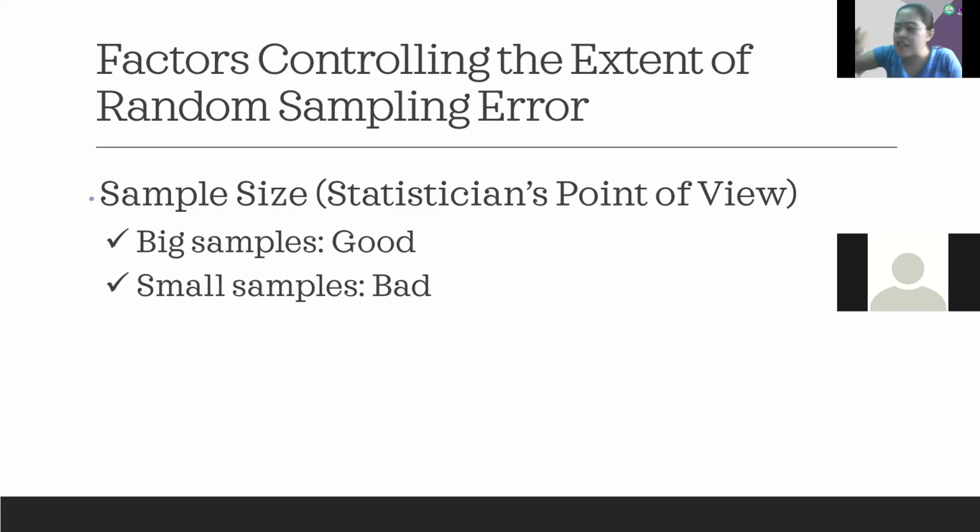However, if you just got a very little portion of the population, meaning you will have a very small sample size, that will be a bad thing for the statistician's point of view because you will have limited answers from them, you will have limited data, and that cannot represent the whole population. So as much as possible, we will be getting big samples from the population.